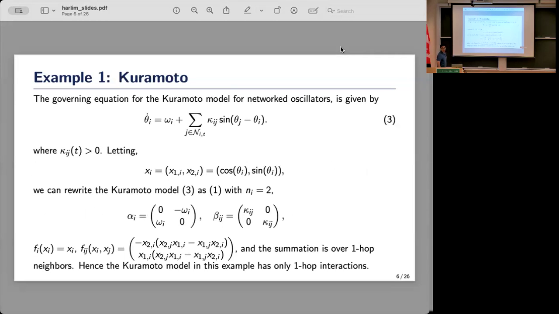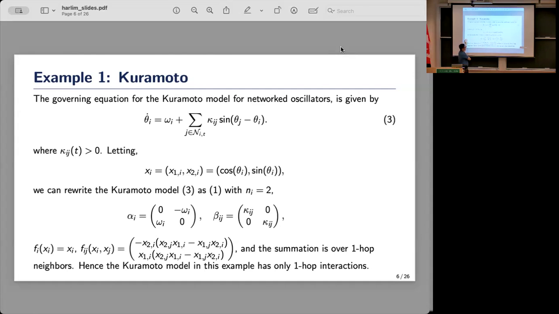Example one, let's say the Kuramoto model. If you Google Wikipedia, the governing equation of Kuramoto is basically given by this theta, phase angle oscillators, where in this case we will impose the kappa, or the interaction coefficients, to be time dependent. You'll see why later on we want to do this. Now, if you just change coordinates, just rewrite this Kuramoto model in terms of this state space, okay?